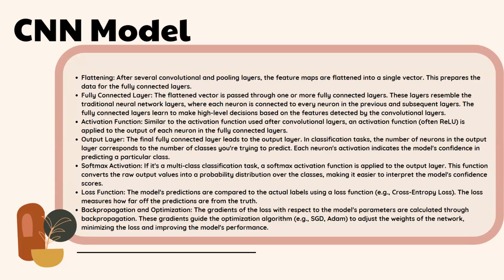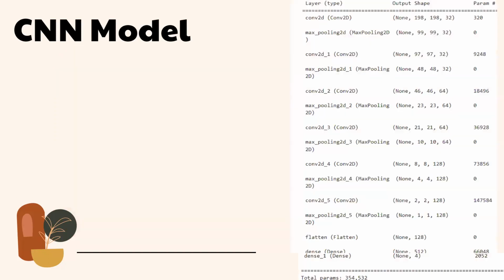Then we come to the output layer for prediction, where we use softmax activation, and for model training we use loss functions, backpropagation, and optimizers like Adam.